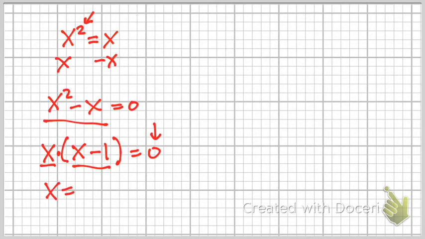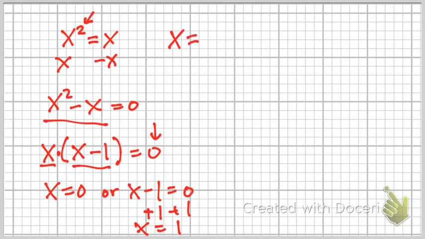So either x is 0 or x minus 1 equals 0. When I solve this one for x, I add 1, and I get x equals 1. So my two answers are x equals 0 or 1.